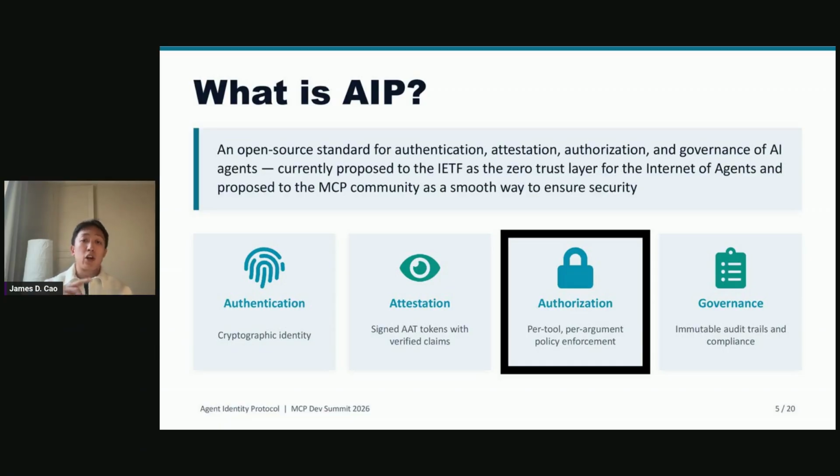The reason why I'm highlighting the authorization component is because the authentication and the attestation are actually subject to change right now. I'm working with some people in the IETF working group. For those who are not familiar, the IETF is the Internet Engineering Task Force. They create standards like TCP over IP. And this week, they're in Shenzhen for IETF 125.